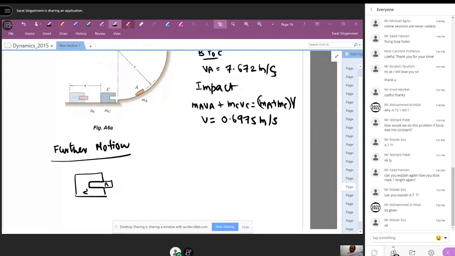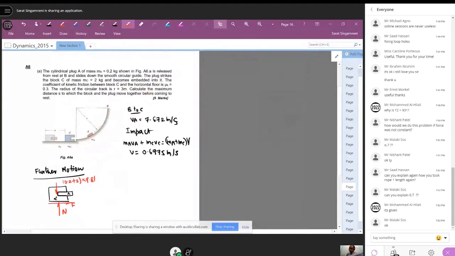The total weight is 0.2 plus 2 times 9.81, the normal reaction N, and the frictional resistance F. This is how it is starting.